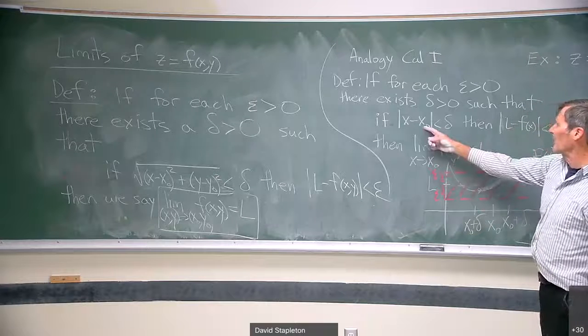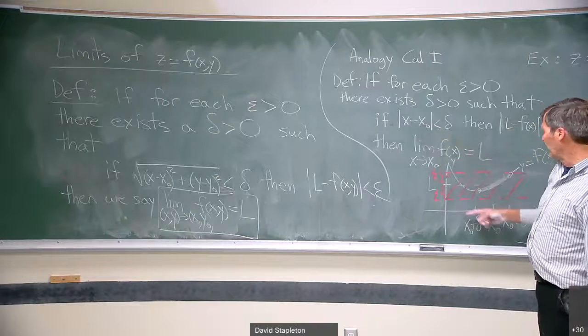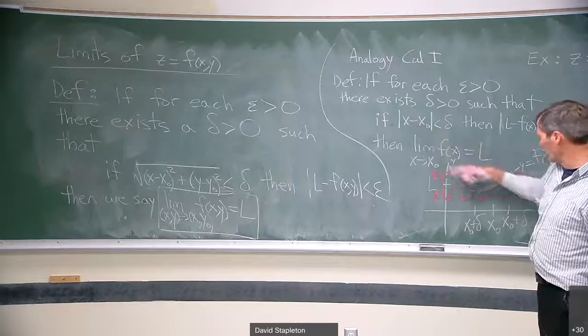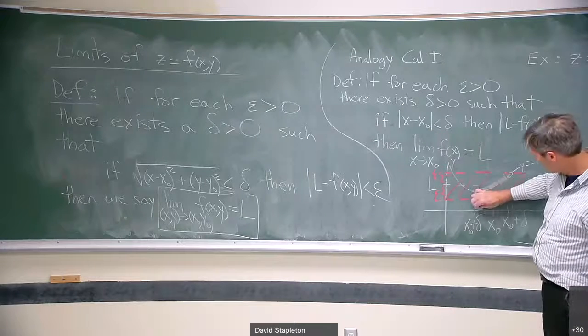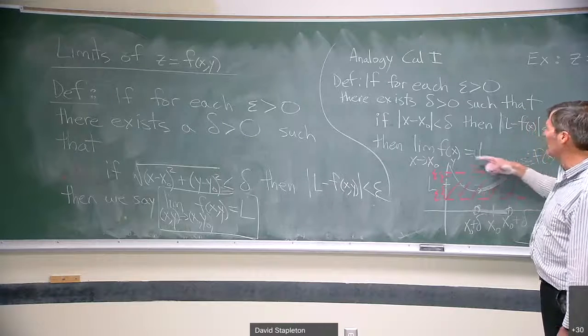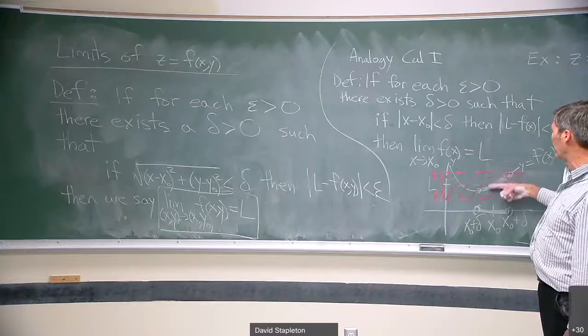If I pick x within this interval, so that the distance from x0 is less than delta, then the y value will be within epsilon of L.